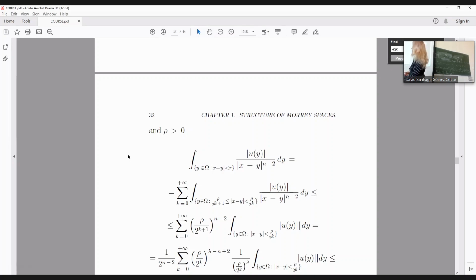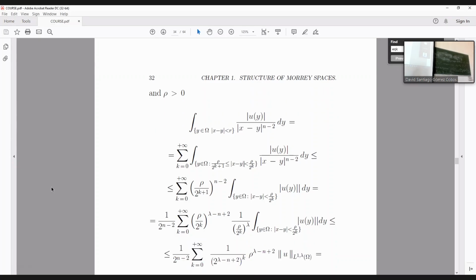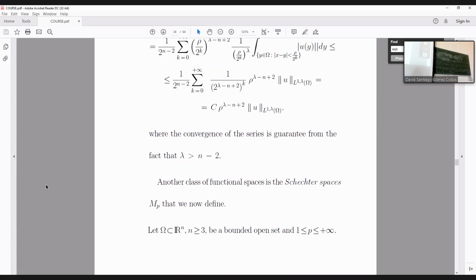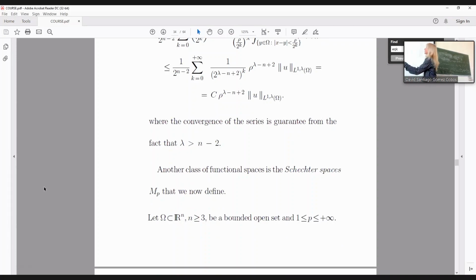Then we consider 1 over rho with exponent 2k lambda, and of course we have the presence of this lambda because we have here the equivalent in the multiplication. So the exponent n minus 2 is here, and what we have, we can majorize what is in the series is a constant, because we have exactly this.